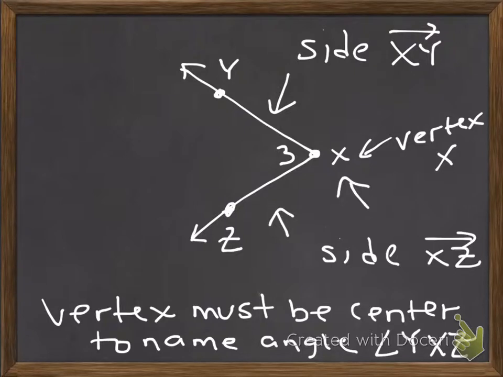The angle itself, if we're going to name the angle, you either can name it by saying angle 3, because there's the number 3 where the vertex is, or you would need to name the angle with the vertex as the center letter. So you would have to use 3 letters naming the angle, and you'd have X as your center. So you could say angle YXZ, or ZXY, or angle 3. Those are the 3 ways to label this angle.